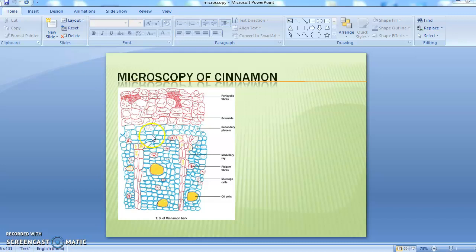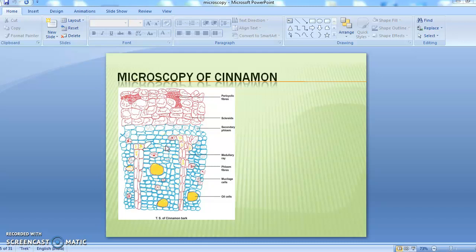Also there are oil glands in between, because cinnamon contains oil. So you can see the yellow-colored oil glands here. Also, it has starch grains and numerous acicular crystals of calcium oxalate.